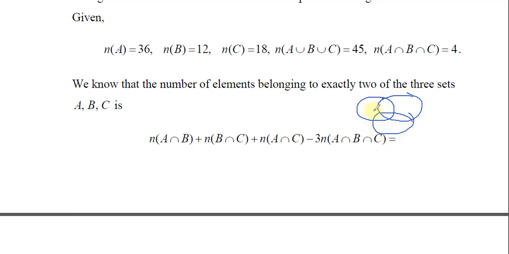This one in the middle is the intersection of these three, and it was 4. But when we compute this one, we have to subtract. This is 3 times, belonging to exactly 2 of these.